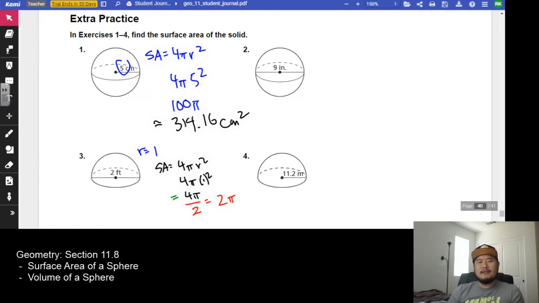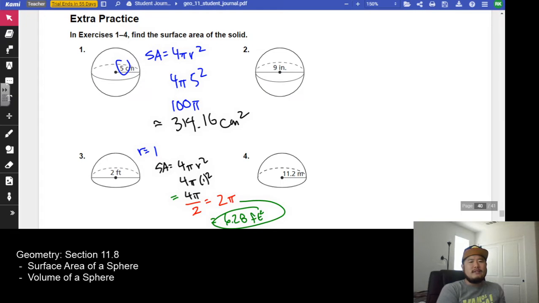It's only half of it, or what we call a hemisphere. So we'll divide it by 2, get our answer, and round that to the nearest hundredth, and it looks like it becomes 6.28. And then we have ourselves feet squared. So now you are a pro at finding the surface area of a sphere.